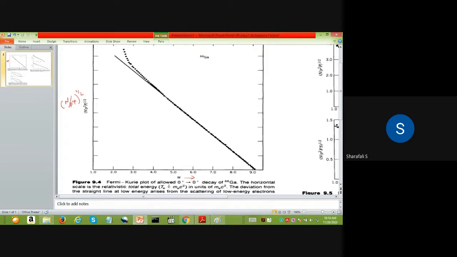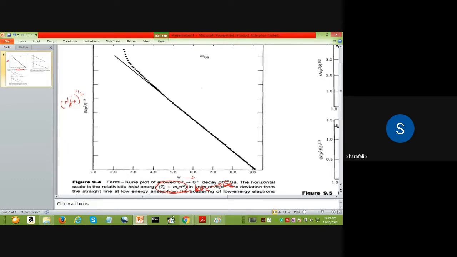We have given the energy term as T_e plus m_e c square, where T_e is the kinetic energy of the electron. In our explanation we used E_e instead of T_e, so you can just replace it, no problem with that. And m_e c square is the rest mass energy of the electron.